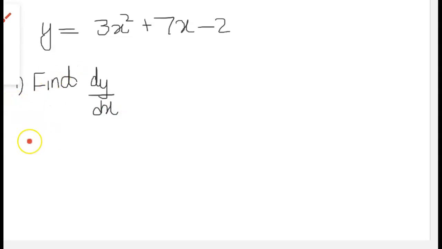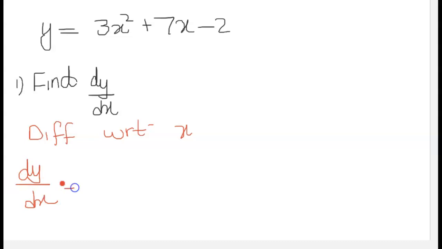So I'm just going to differentiate on both sides with respect to x on both sides. So I got the dy over dx here and d over dx on this side as well.